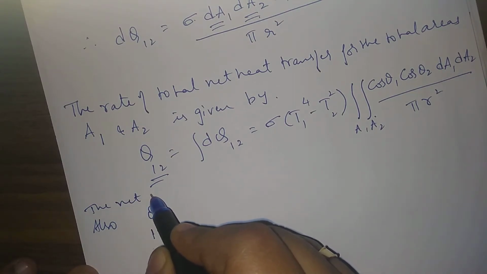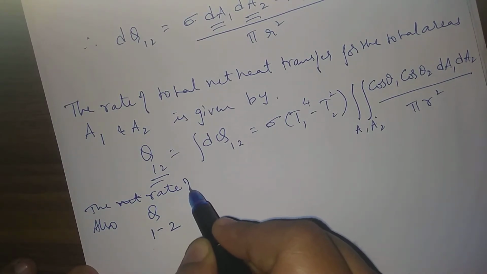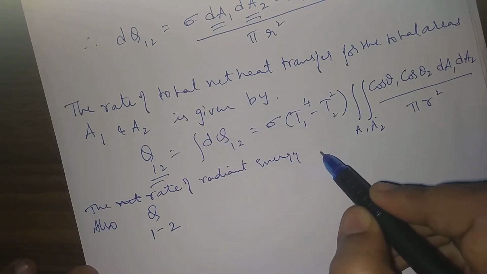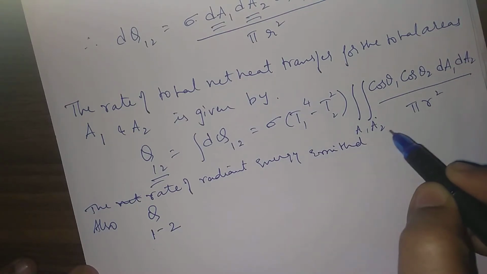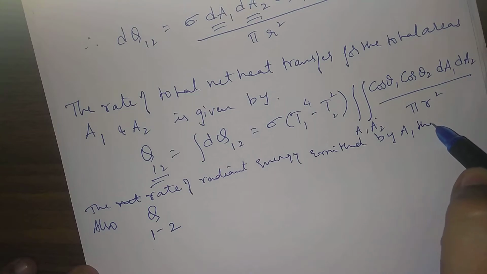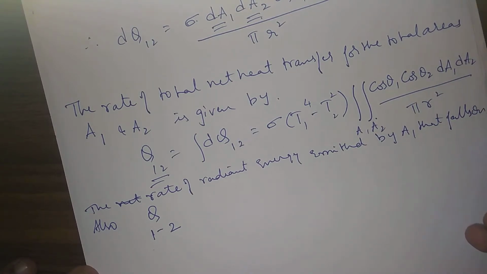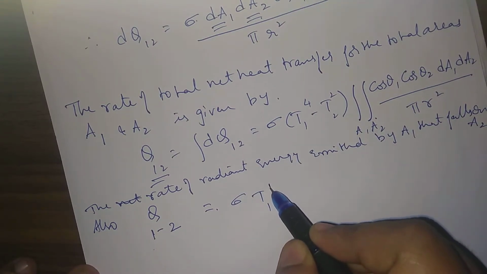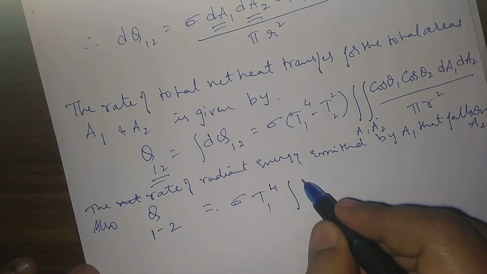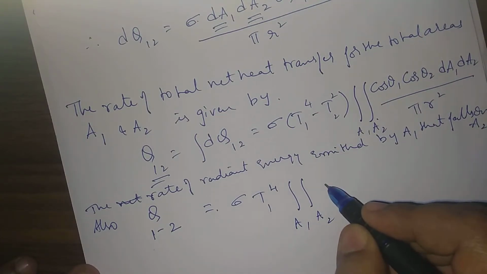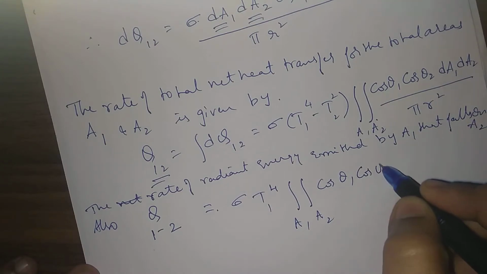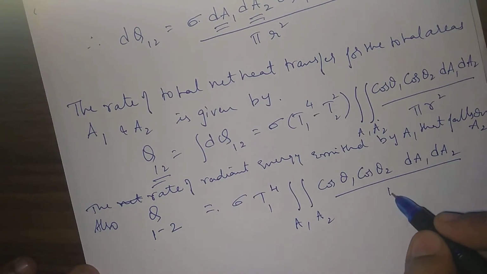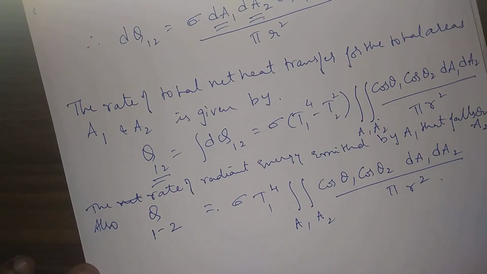It is equal to sigma T1 to the power of 4 times the double integral, the same one, cos theta 1, cos theta 2, dA1, dA2, divided by pi r square. I'll tell you why we are doing this.